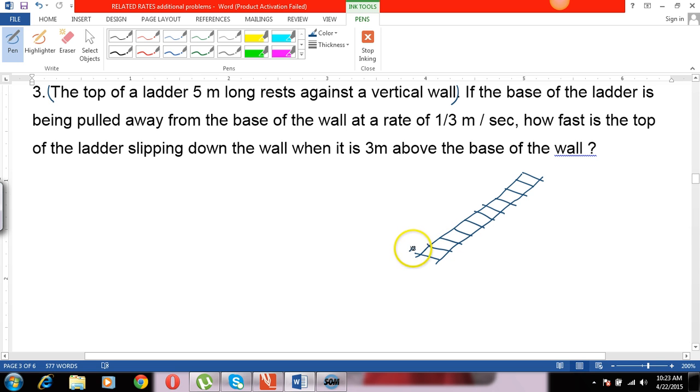How long is the ladder from the first sentence? 5 meter long. Against a vertical wall. So this is the vertical wall, right? So this is the wall.